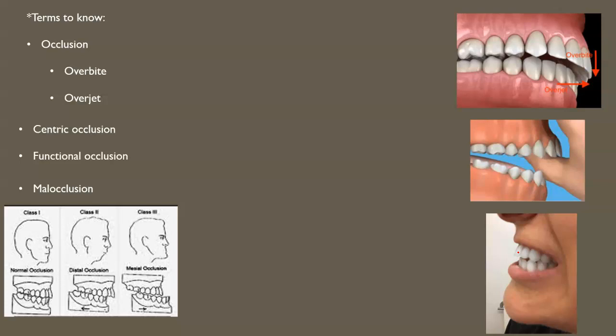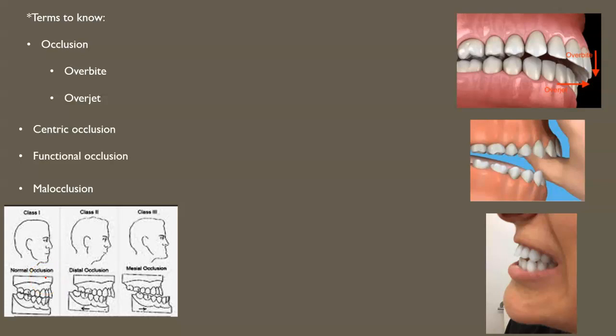So a class 1 is what we would consider to be normal. And it has to do with where the maxillary first molar cusp comes in contact with the groove of the mandibular first molar. So this would be what we consider to be normal occlusion or neutral occlusion, a class 1.